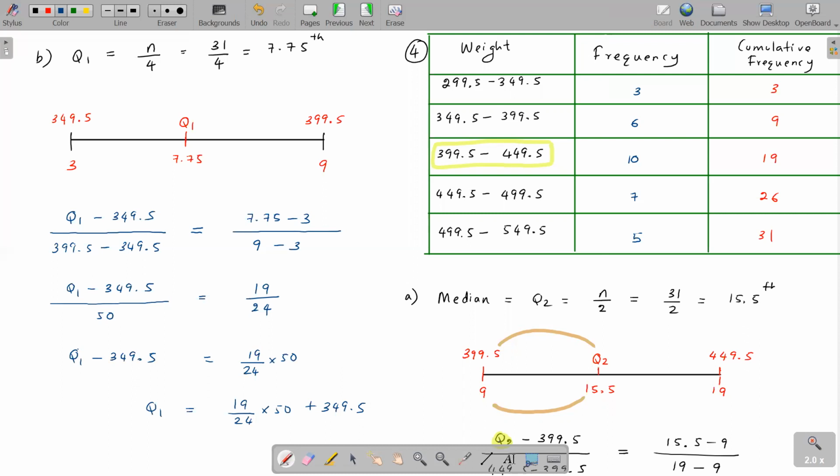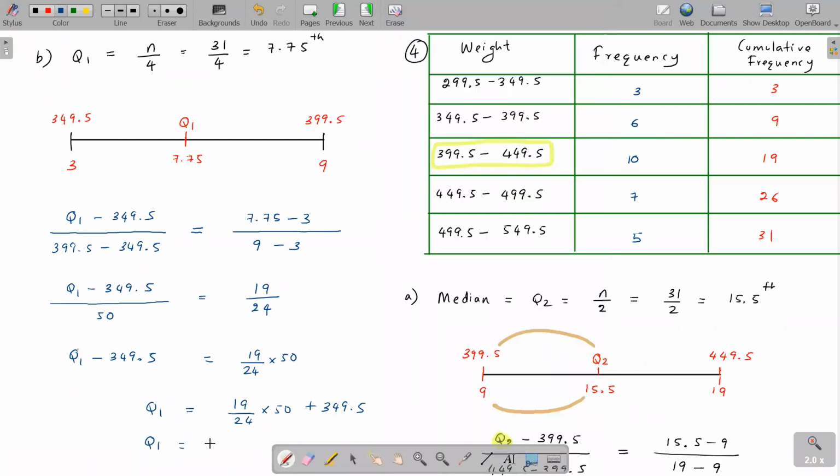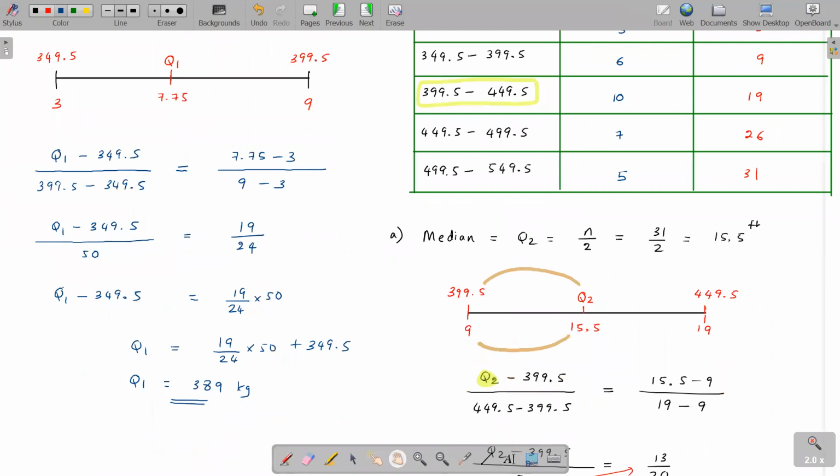So type this in the calculator to get your Q1. 19 over 24 times 50 plus 349.5. And we get the answer here, 389.083. So let's get it to the nearest kilogram. Q1 to the nearest kilogram is 389 kilograms. So this is the answer, correct to the nearest kilogram.